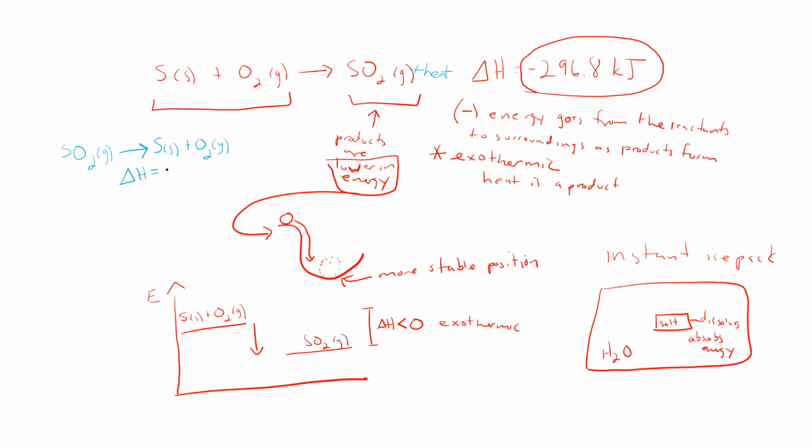So for this reaction over here in blue on the left, you would have an enthalpy of reaction of positive 296.8 kilojoules. That's something we're going to explore a little more in a minute, but you could cause that reaction to be reversed. Essentially, you have to force it to flip the direction in which it's written.